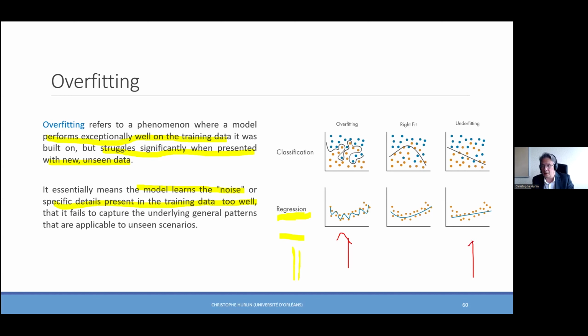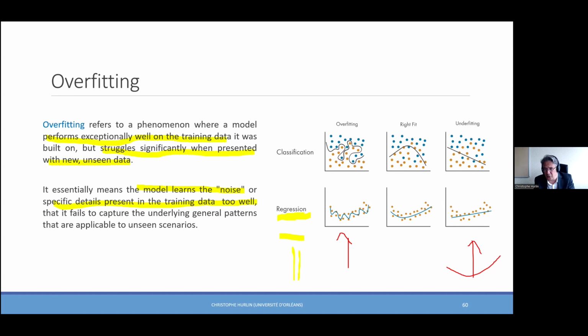Here, if I use this model on my training data set, maybe I will have a low R squared, because this model is not good. It does not capture, for instance, the non-linearity in my data. And I don't want to use this model on a new data set because on my training data set, this model has a low R squared, so high bias.